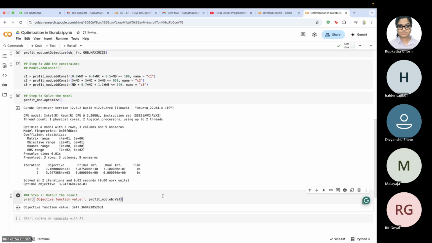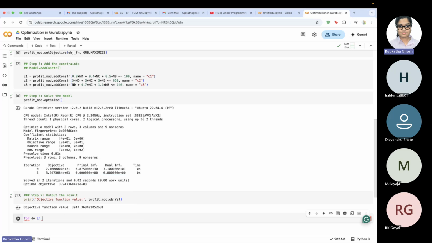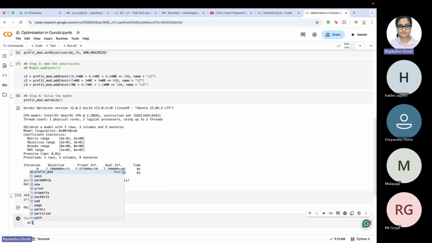Now, if you want to print out your decision variables, then you can write for dv in profit mod dot get vars, print.